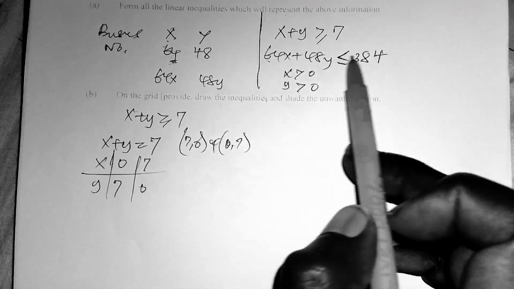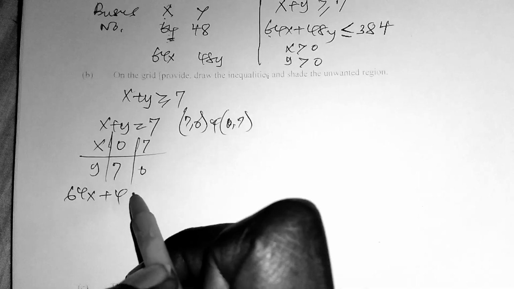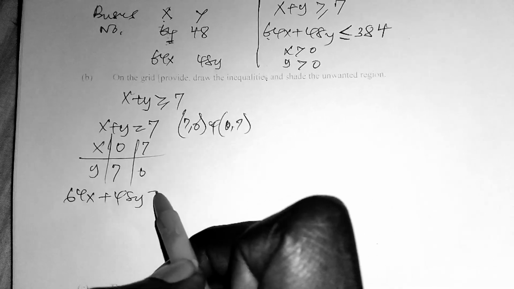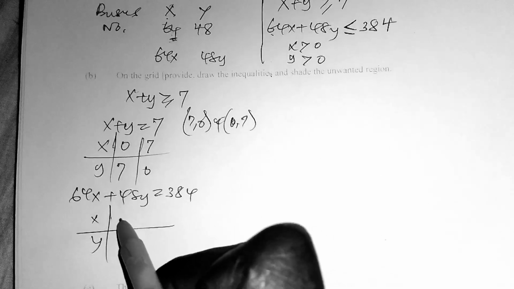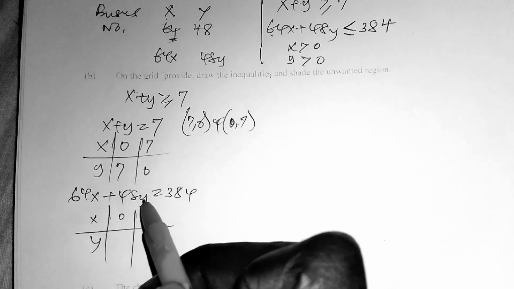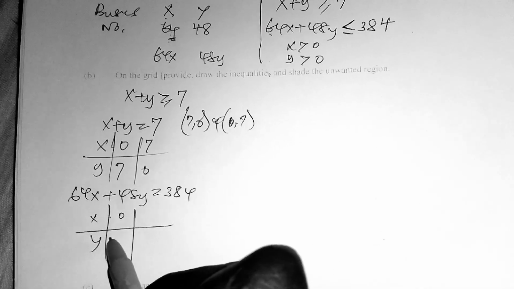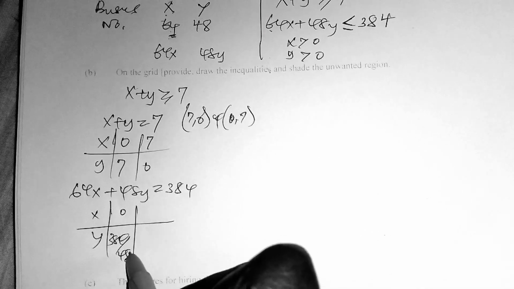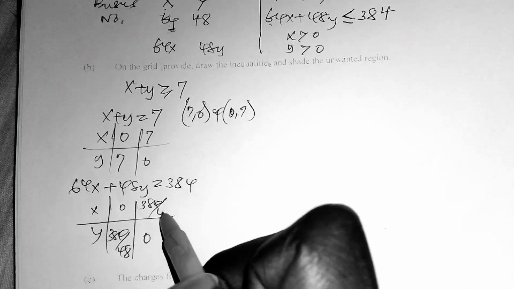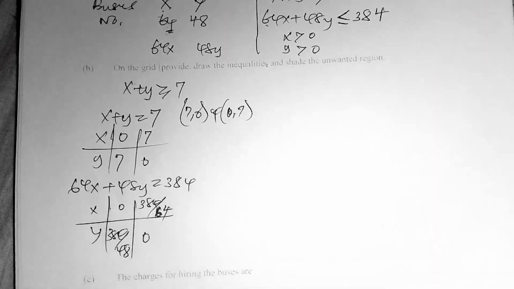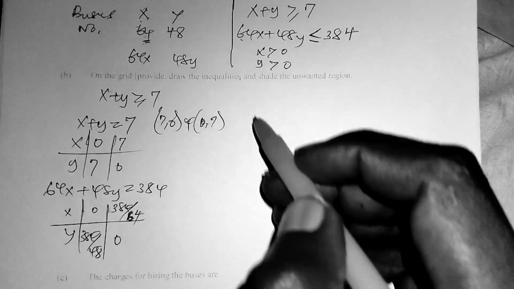Then the other equation is 64x plus 48y equals 384. So again do the same. When x is 0, y will be 384 divided by 48. Then when y is 0, x will be 384 divided by 64.